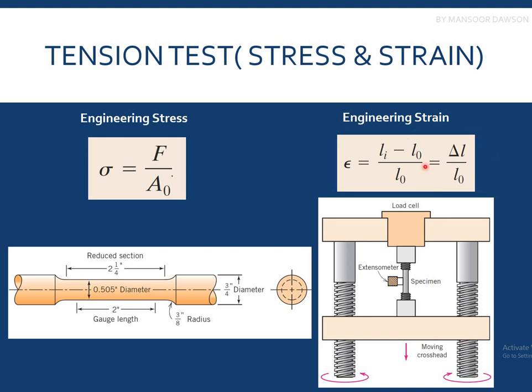The change in length is calculated as the increased length minus the original length. In a tension test the final length would be greater than the original length, but in compression it would be less than the original length, because the length would be reduced and the diameter would increase in compression.